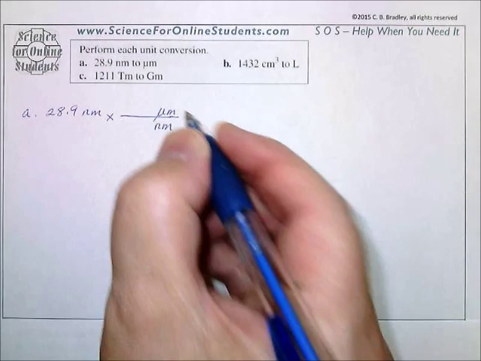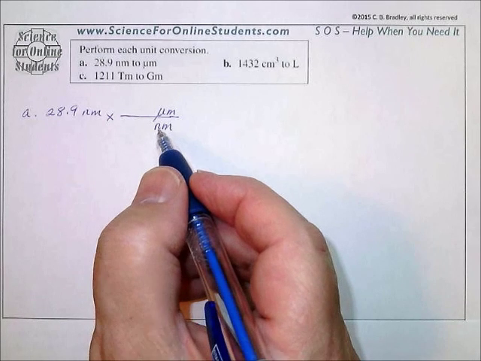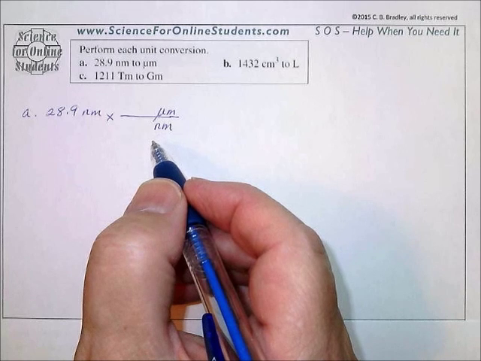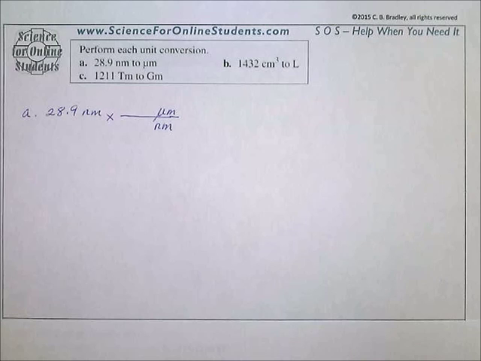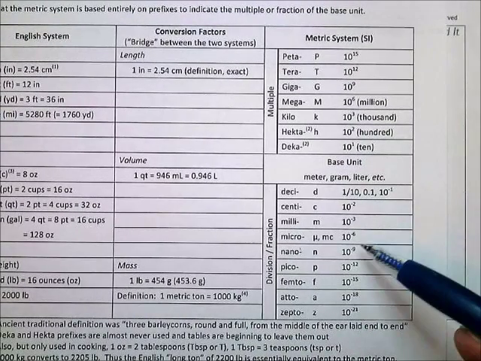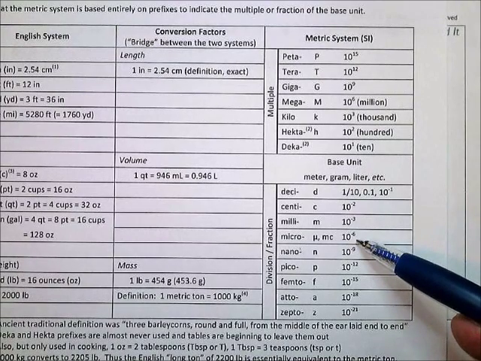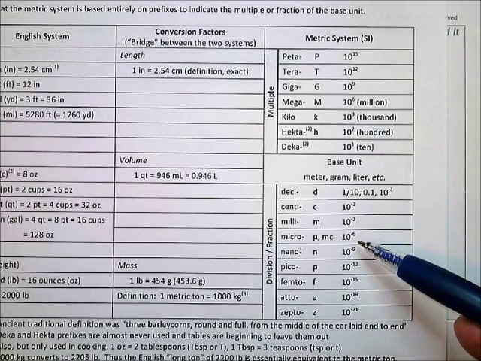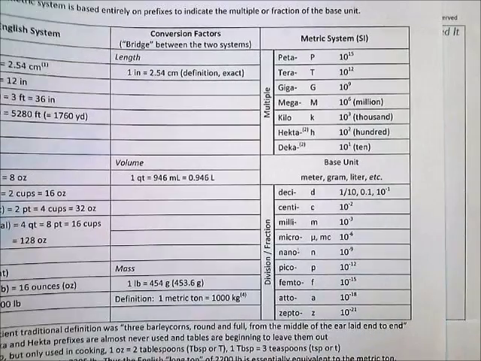And we can go directly between the two if you can remember that in this conversion, a nanometer is 10 to the minus 9, a micrometer is 10 to the minus 6, and therefore there will be 1,000 nanometers in 1 micrometer.